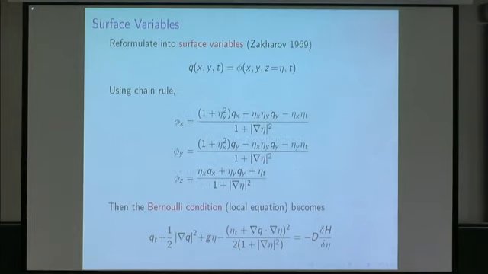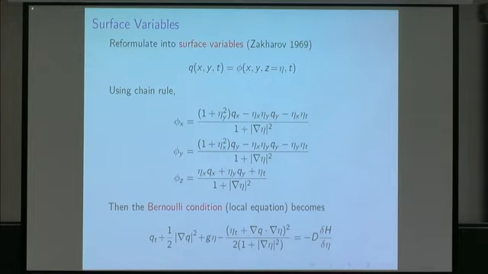Okay, so the other thing you can do, and this is what Emilian covered, is that you can also reformulate your problem only in terms of surface variables. Since I told you I'm only really going to care about the wave profile, I don't want the output of my solution to be the bulk of the fluid. I just want to know what happens at the surface.